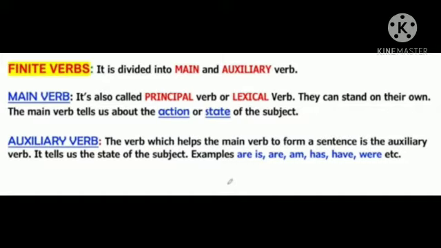But when we use it as the main verb, at that time we have to use do's form to frame the negative sentences. So how can we frame the negative sentences when the to be's form or the to have's form comes as the main verb? We are going to see this.